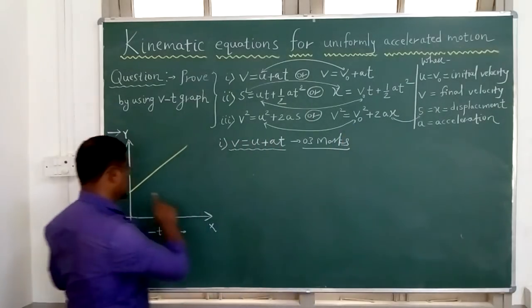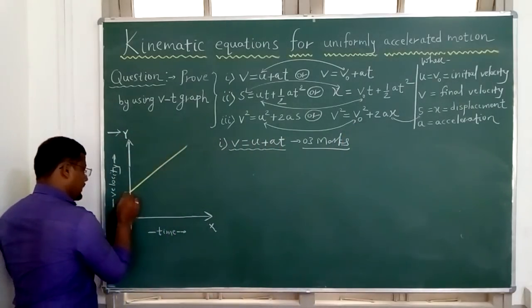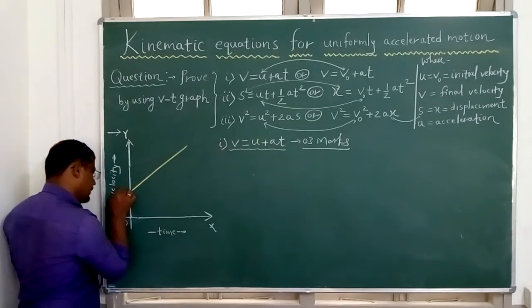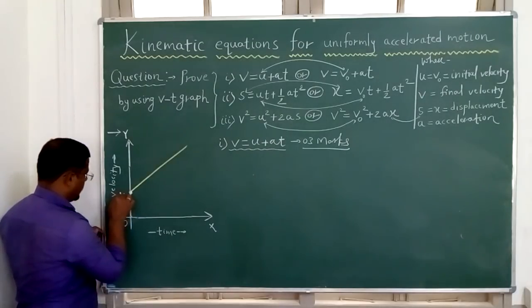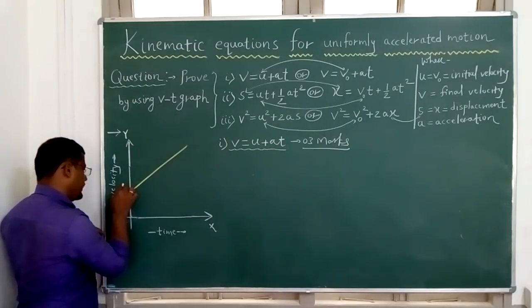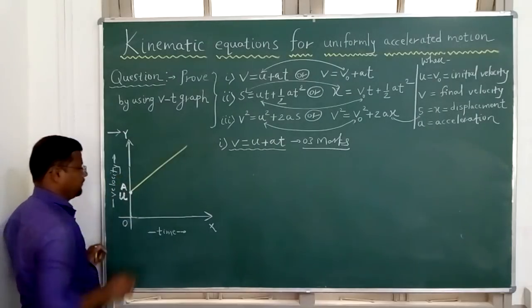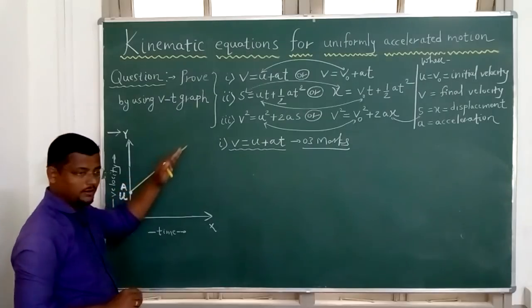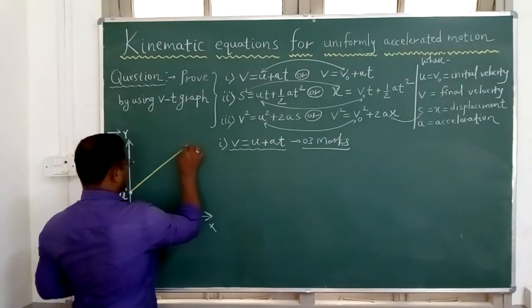So this is your graph here. Initially we have the velocity, and this velocity is u. This point I will represent as a. Now the motion of the body is like this, so the velocity is increasing, and this is the final position.